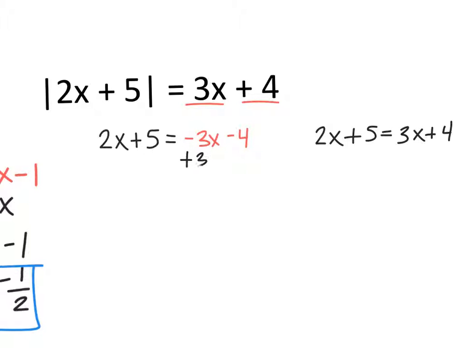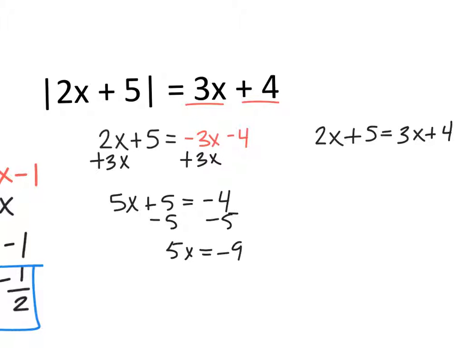So I'm going to solve for both of them. So 5x plus 5 equals negative 4. x equals negative 9/5. And then don't box it yet, because remember you want to check your answer.